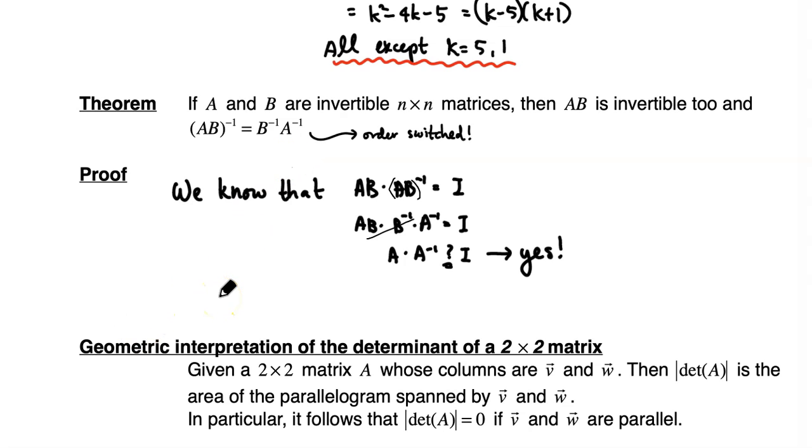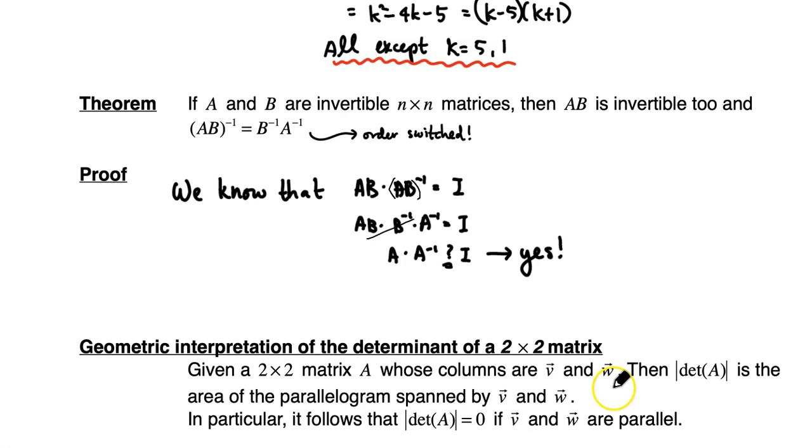Lastly, geometric interpretation of the determinant of a 2x2 matrix. If you take the determinant of a 2x2 matrix that is built with vectors v and w, and you take the absolute value of that determinant, this gives the area of the parallelogram spanned by the two vectors v and w.